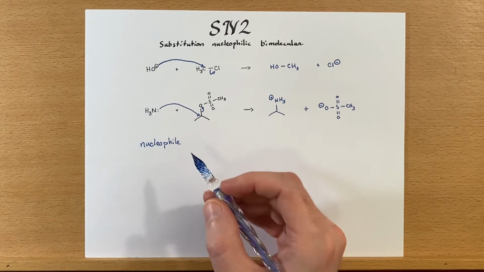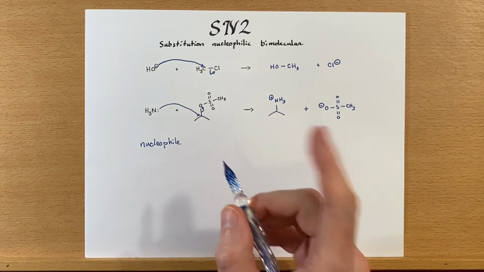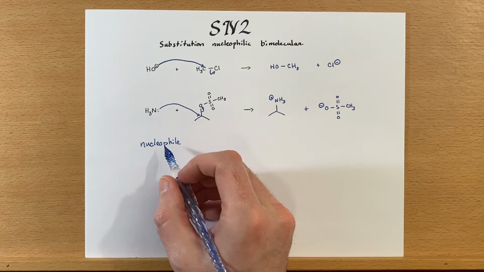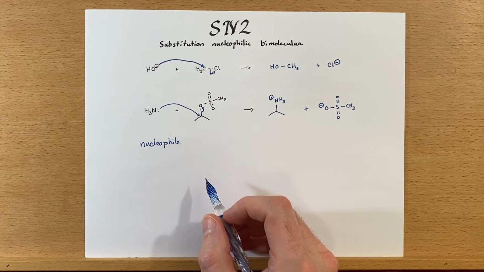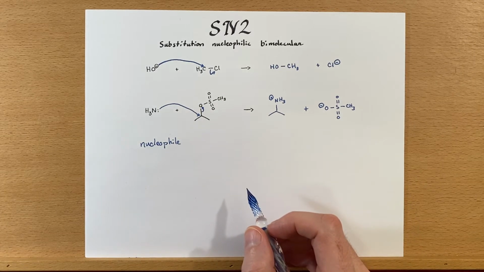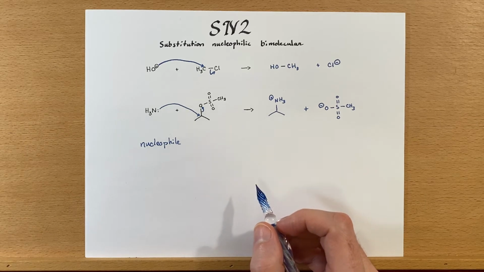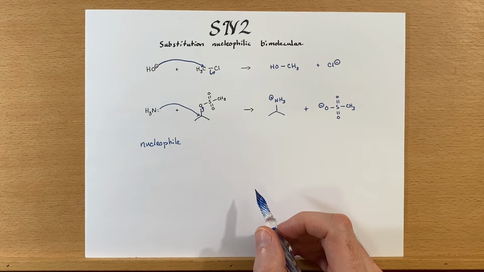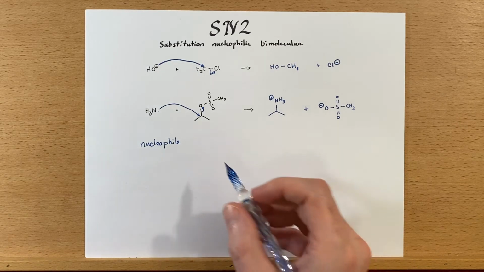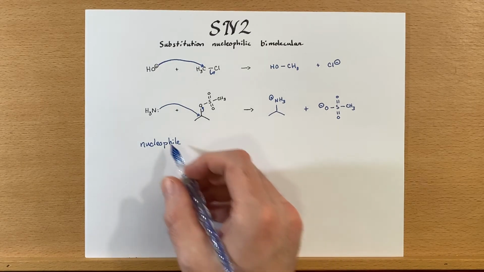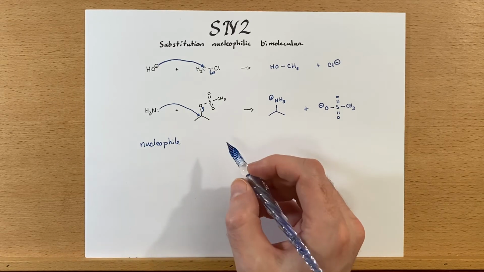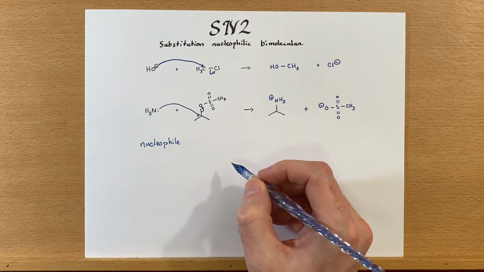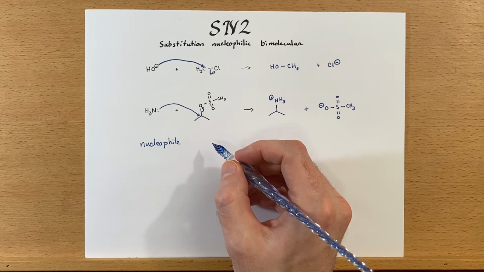And as you know, the nucleus has a positive charge, and so that's where the name nucleophile came from. We also have things called electrophiles, which would attract electrons, and those are positively charged, whereas nucleophiles have either a full or a partial negative charge.